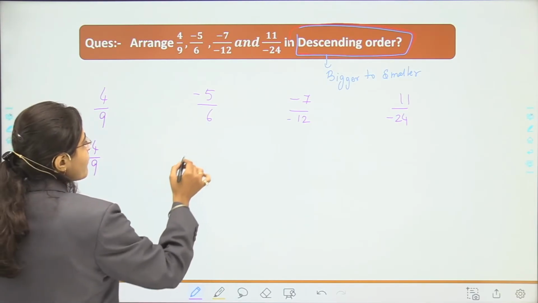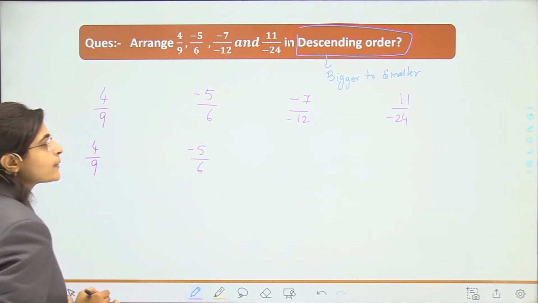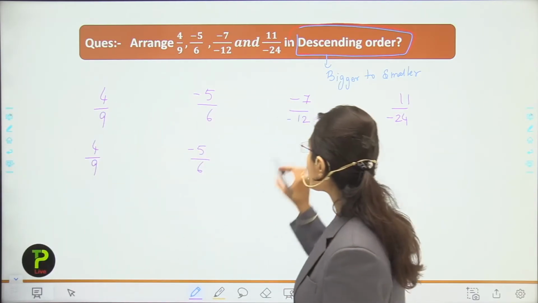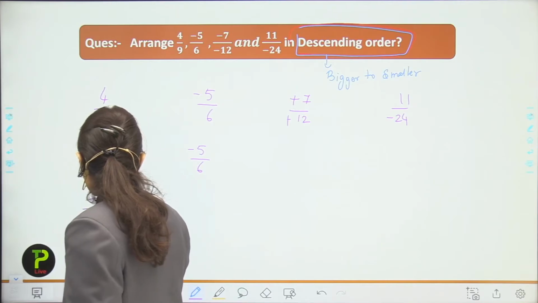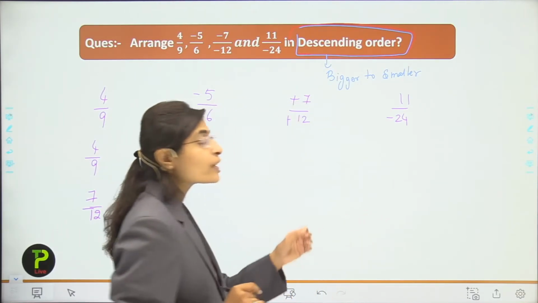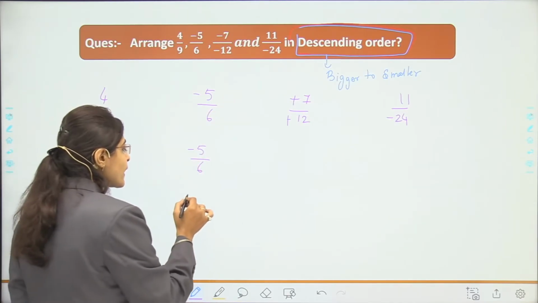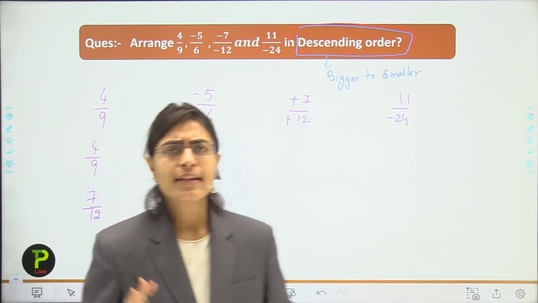Minus 5 by 6 is again positive, so keep it as minus 5 by 6. In minus 7 by minus 12, the minuses cancel out and we get 7 by 12. And in 11 by minus 24, this minus goes into the numerator, so it will be minus 11 by 24. Our first step is done.